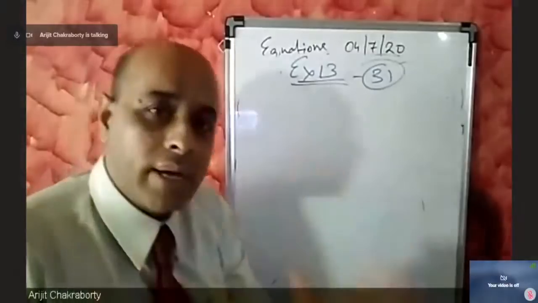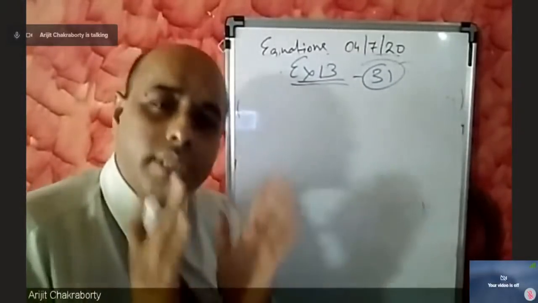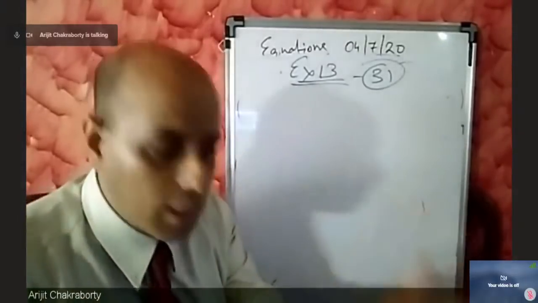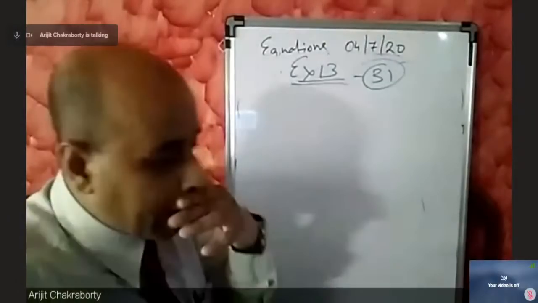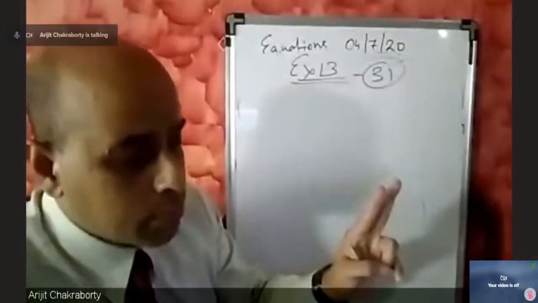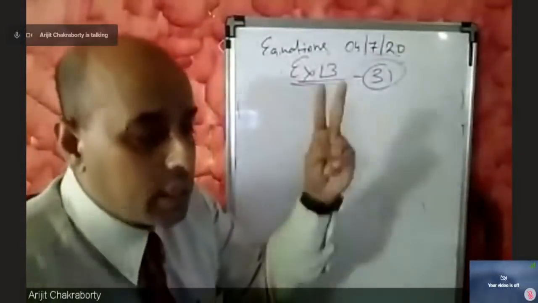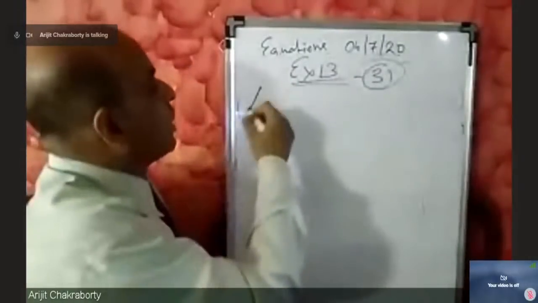But in mathematics, my only suggestion, my only request, stay calm, stay cool, read the question. If not possible to understand it once, please read it once again. I'm sure you'll understand. The question is, 5 times a positive whole number is 3 less than twice the square of the number. So let us assume the number is x.